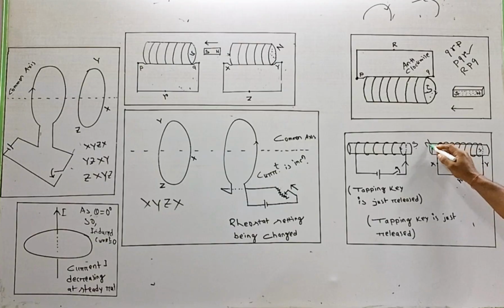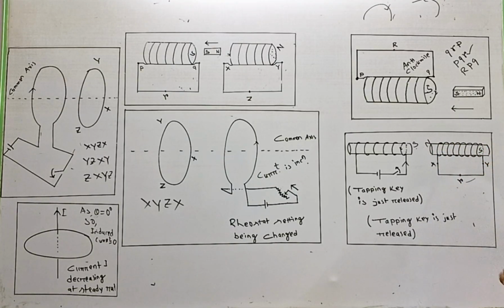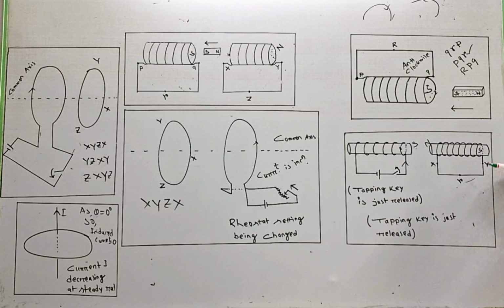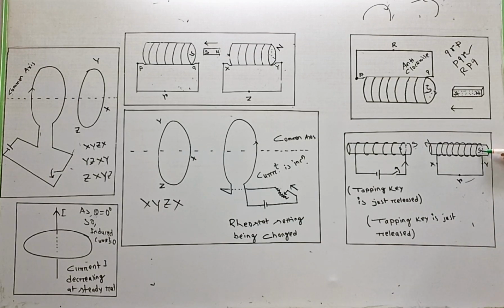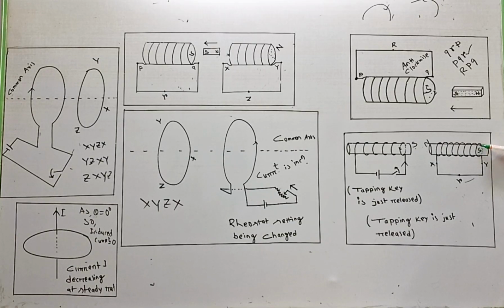But as it is north pole, then definitely this face will be the south pole. From here you can say the direction of induced current in this coil. As it is south pole, that means in this coil the current is in clockwise direction if you observe from this side.